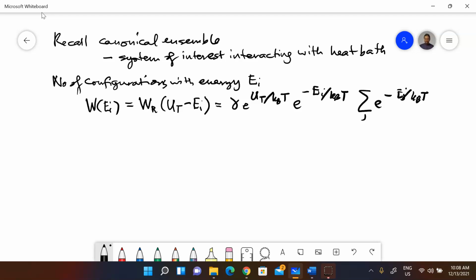So once you have this number of possible configurations for each energy level, then one can give you the statistical probability, which is given by, I have to write slowly, otherwise this thing will just lag behind.